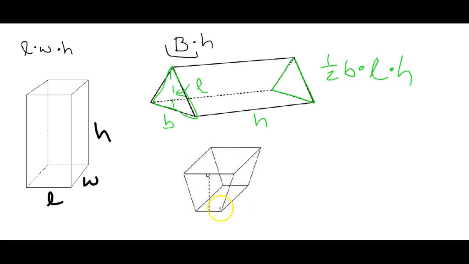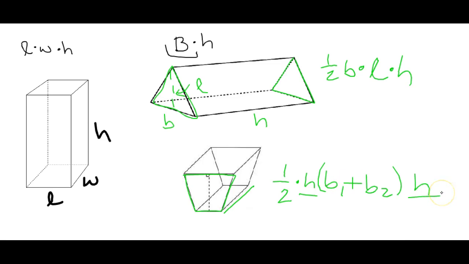Or on our trapezoid prism, we would need the area of a trapezoid. 1/2 times the height times base 1 plus base 2 times the height of the prism. We're running into that same issue. Just make sure you know what each of those letters actually mean.